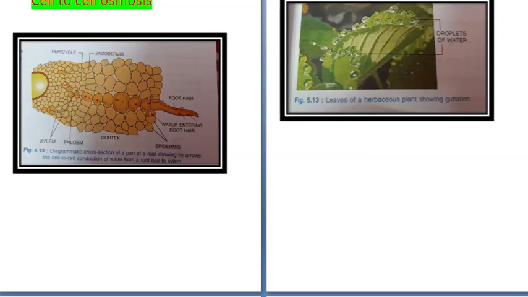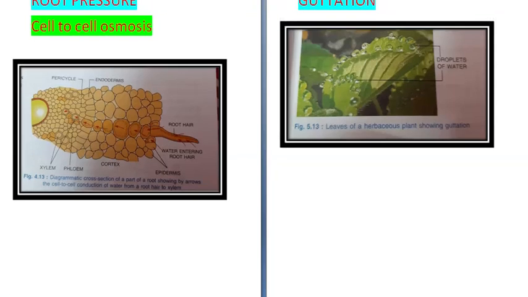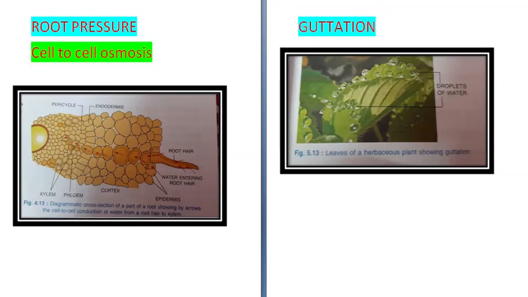Root pressure is one of the forces which raises the water up through the stem into the leaves, but it cannot push water up to the top of tall trees on its own. It takes help of other forces. Several forces combined together push water up.